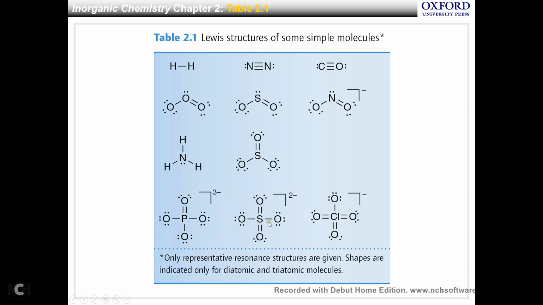Now, similarly, SO4 2 minus is equivalent to PO4 3 minus. Not much to say here, but in this case, you have a -1 charge here, a -1 charge here, and you have a formal charge of 0 here, here, and here.